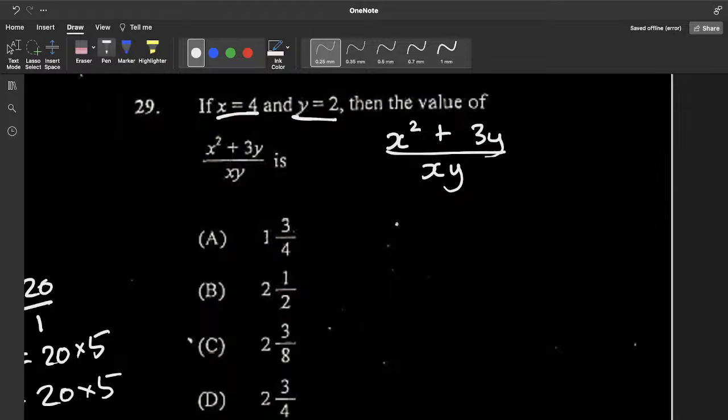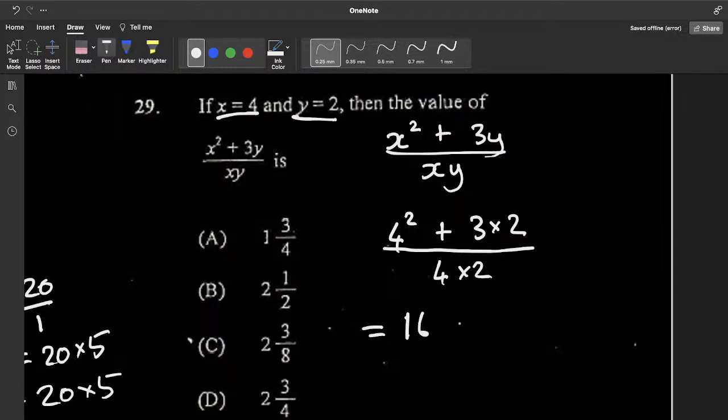So I'll end up with 4 to the power of 2 plus 3 times 2. And this is going to be divided by x times y, which is 4 times 2. So 4 to the power 2 means 4 times 4, which is 16, plus 3 times 2 is 6. And that's going to be over 4 times 2, which is 8.